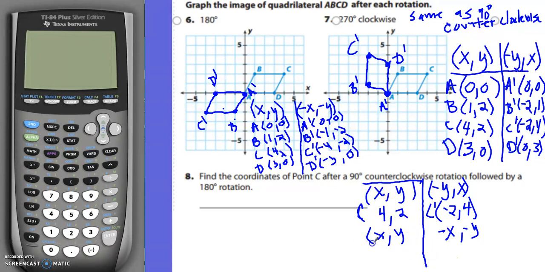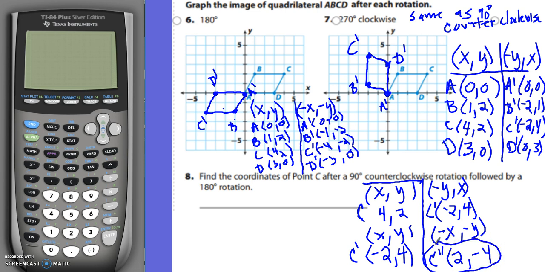So we're going to take this ordered pair, -2, 4, which is C prime, and we'll call it C prime prime, and it's going to be 2, -4. All right. Flip it over to the back side.